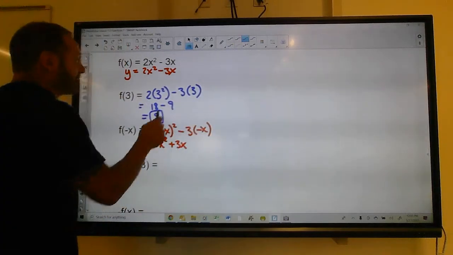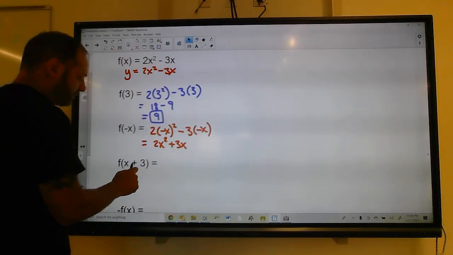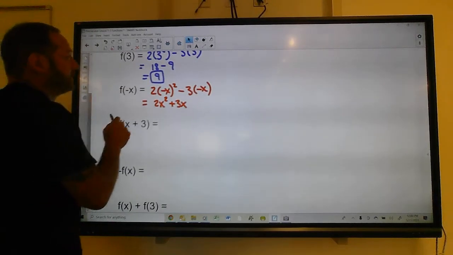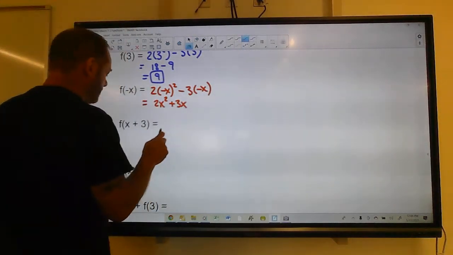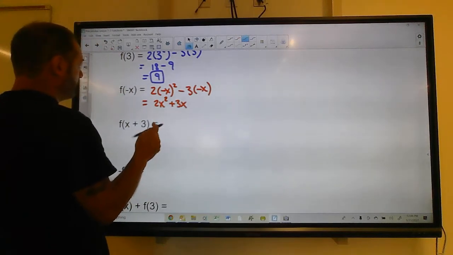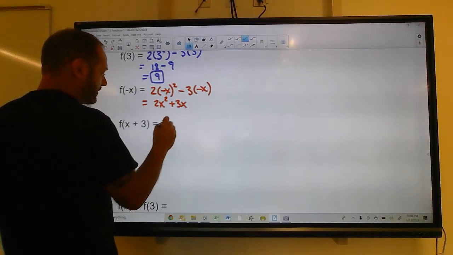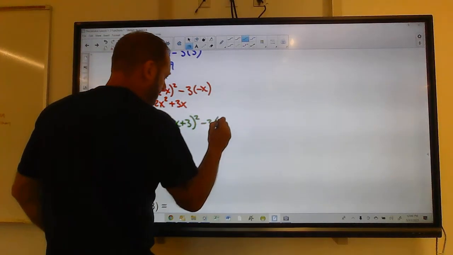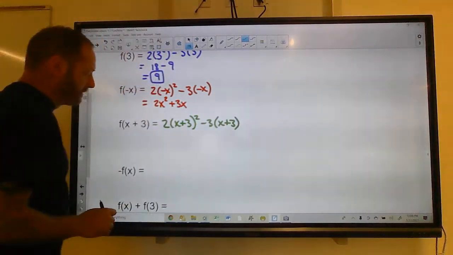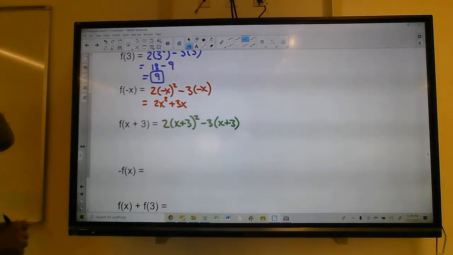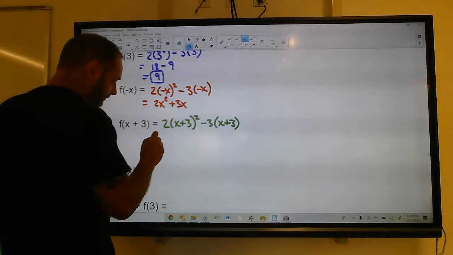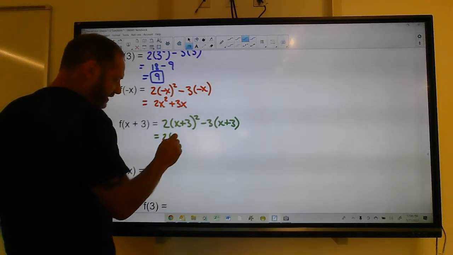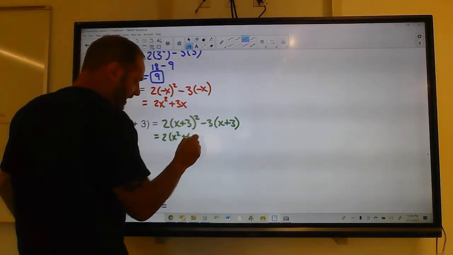Here's another one that kind of gives people fits. F of x plus 3. So I'm going to take x plus 3 and plug it in everywhere that there's an x. And then I'm going to simplify it. So this is 2 times, if I FOIL this, I'm going to get x squared plus 6x plus 9.